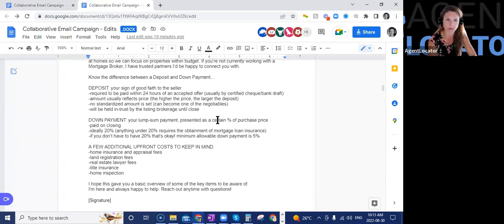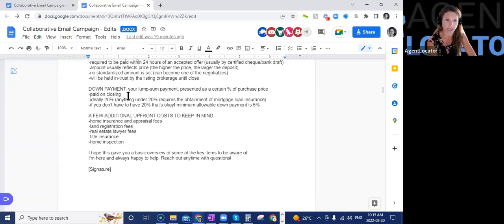It will be held in trust by the listing brokerage until close. A down payment is your lump sum payment presented as a certain percent of the purchase price. It's paid on closing, ideally 20%. Anything under 20% requires the purchase of mortgage loan insurance. If you don't have 20%, that's okay. The minimum allowed down payment is 5%.